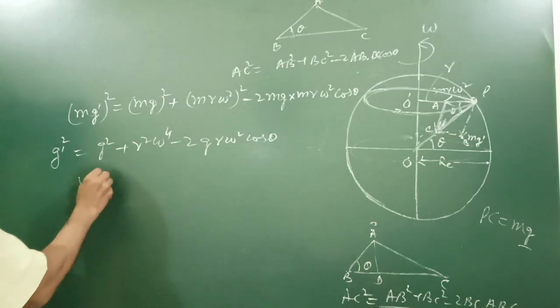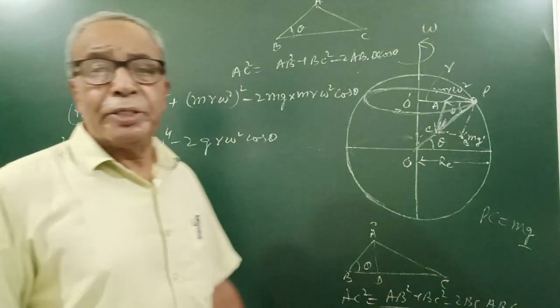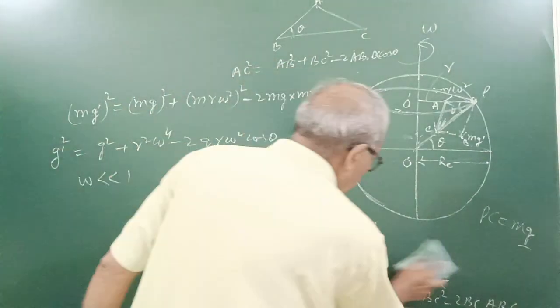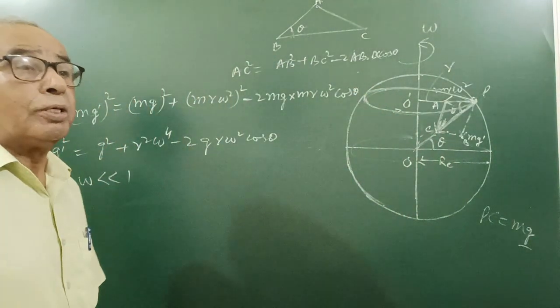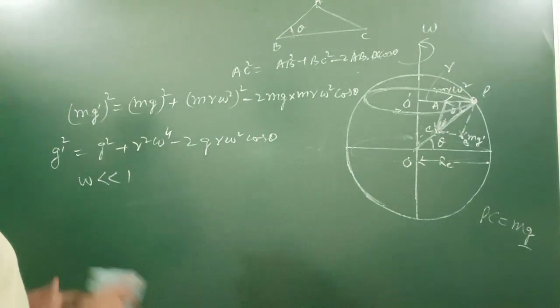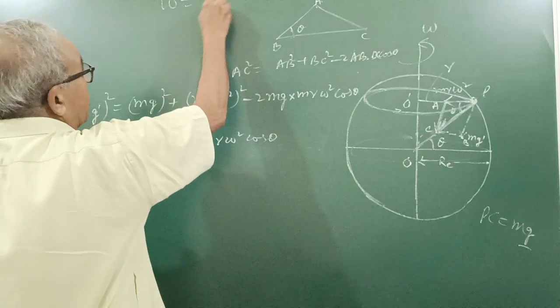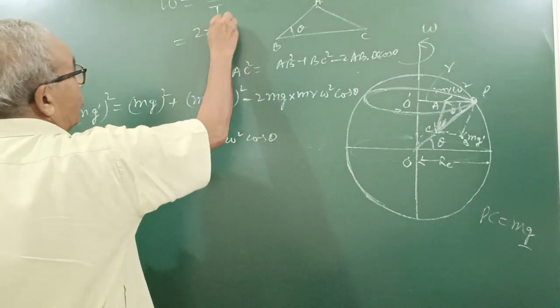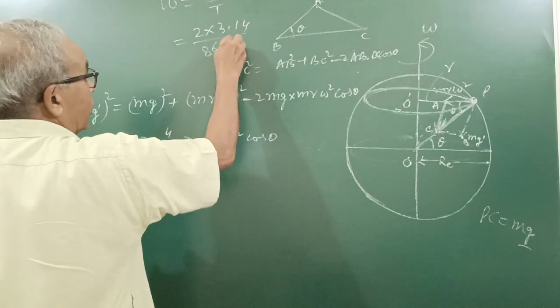Since omega is very much less than 1, omega is the angular velocity of earth, and that is 2 pi upon 24 hours, that is 2 pi upon 86,400. Omega, angular velocity, is 2 pi upon T, 2 into 3.14; one day has how many seconds, 86,400.